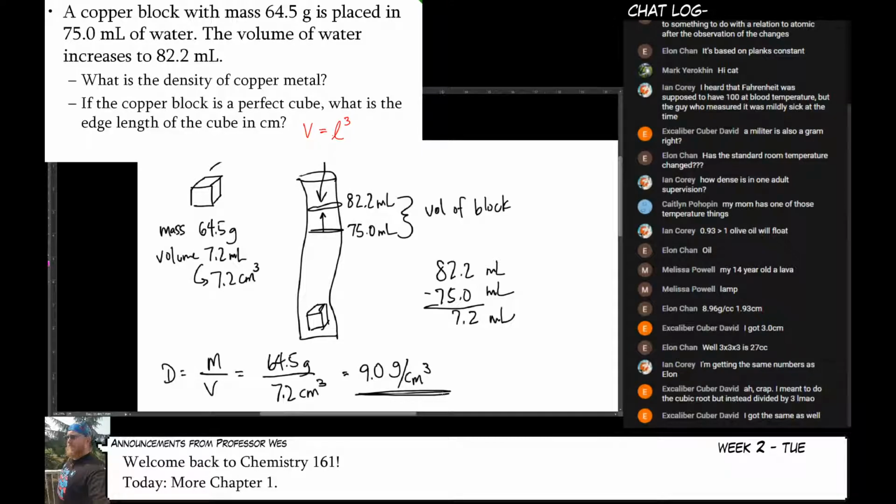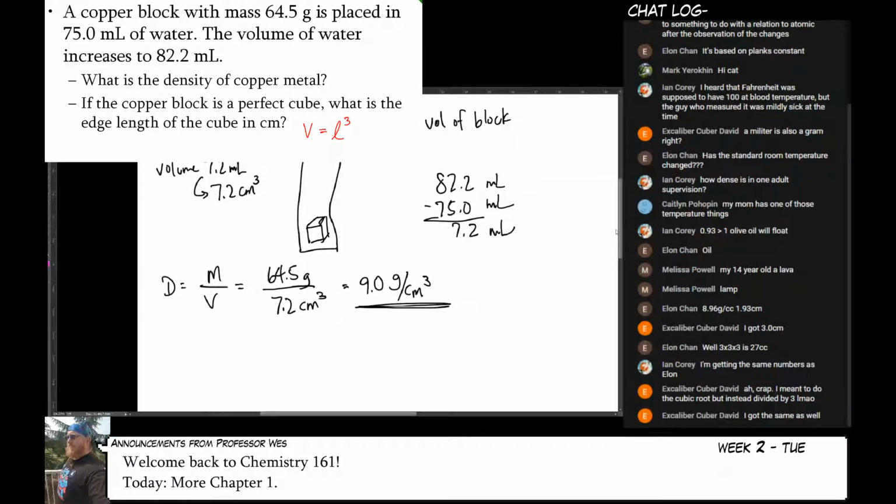And then if I want to figure out the edge length of the cube, well, I know that the volume of the cube is its length cubed. So if I take the cubed root of the volume, that'll be the edge length. So that would be the cube root of 7.2 cubic centimeters.